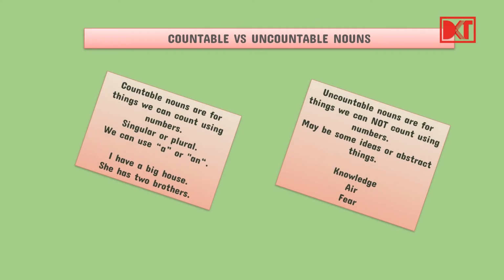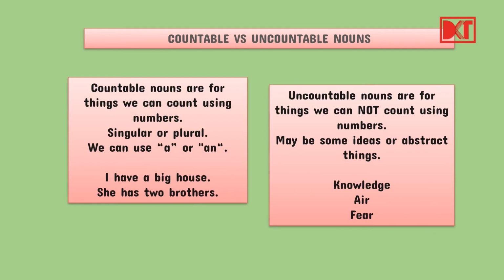Okay, so here we are going to do a small topic but an important one. One more category we have is countable and uncountable nouns. Okay, as its name suggests, it is pretty easy to understand. Countable nouns are the ones which we can count using numbers. And the uncountable nouns are for things that we cannot count using numbers.